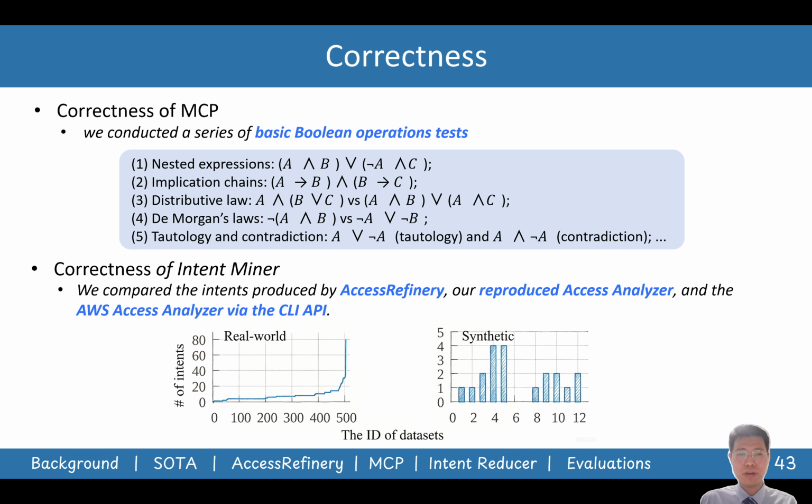Moreover, we compare the intents generated by AccessRefinery, our reproduced Access Analyzer, and the AWS Access Analyzer through the CLI API. They produce the same results, which further validates the correctness of intent miner. For the correctness of intent reducer, please see our paper.